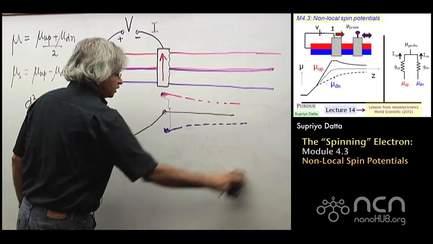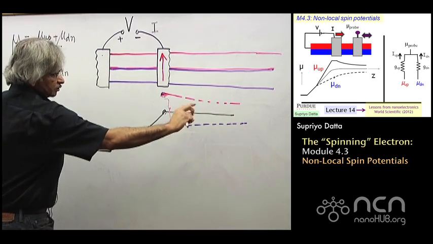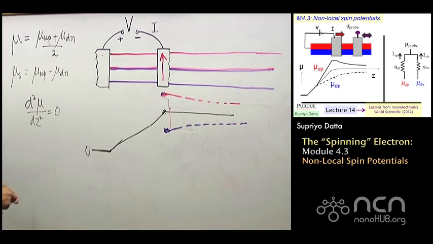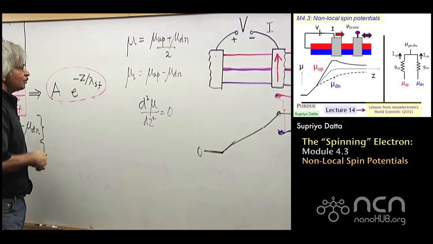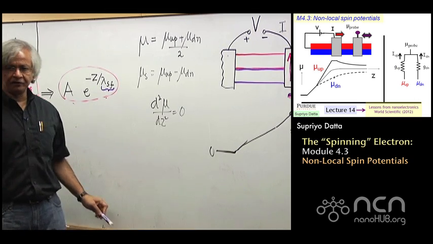Way outside here, somewhere way out there, they will eventually connect up, because eventually the spin potential will go to 0. But the distance it takes for it to go to 0 is determined by the spin flip length, which is different for different materials.